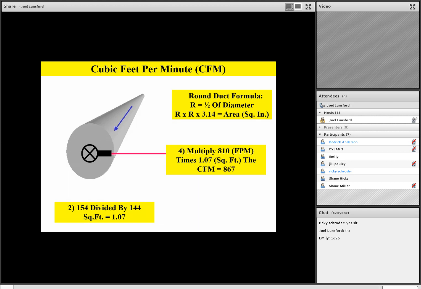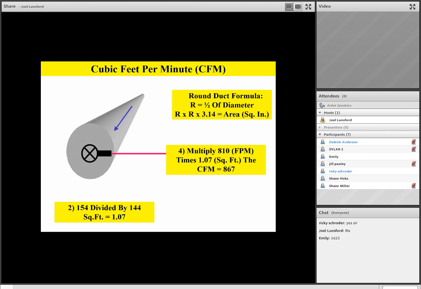So in this example, if we design our duct system at 800 feet per minute velocity, this section of trunk right here, let's say this is the main trunk, would be good for about a 2-ton unit. So it's important, team, we always look at the velocity or the speed of the air, because Manual D, we're going to learn in a little while, actually sets forth a recommended velocity in each section of ductwork.